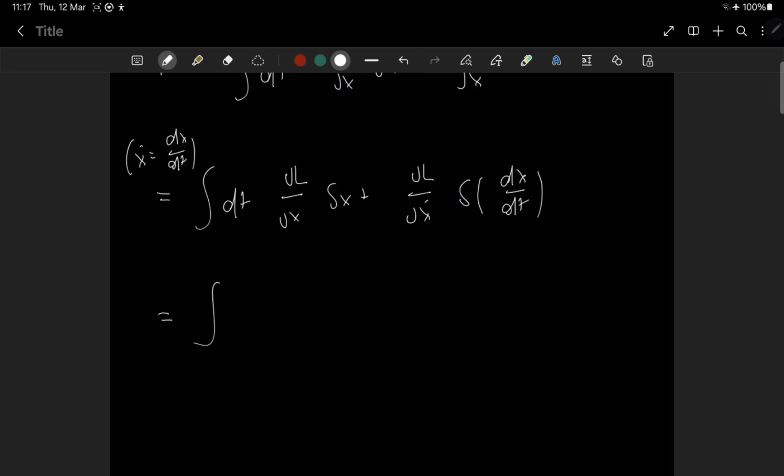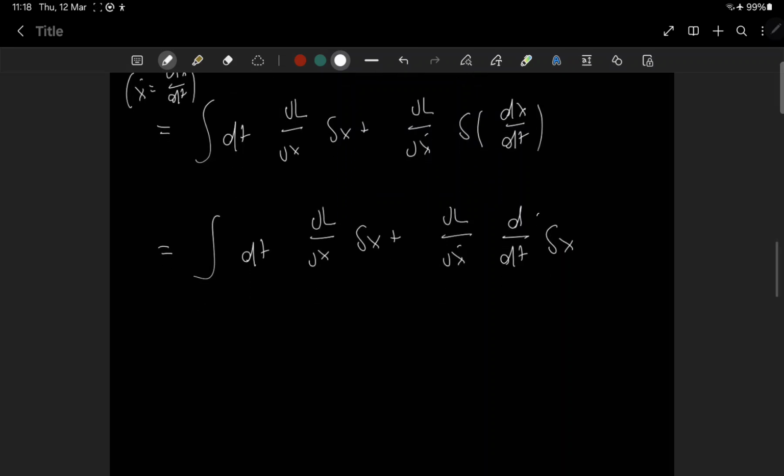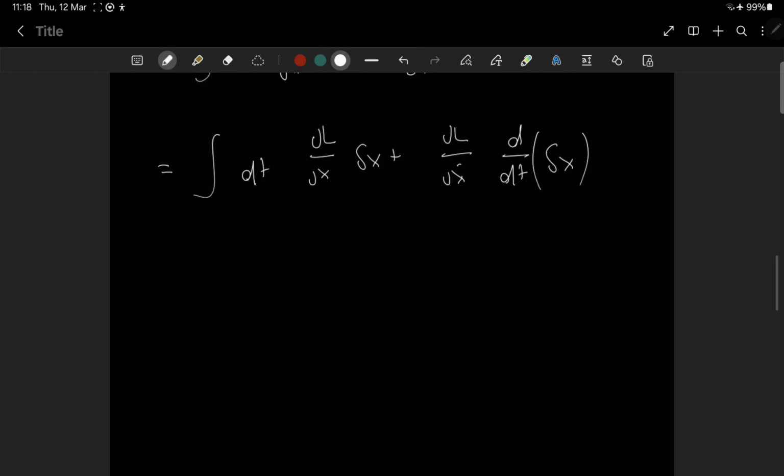We can exchange the operation of taking the variation delta and d by dt. So this is dt partial L by partial x delta x plus, and now I'm going to swap the order of the variation, partial L by partial x dot d by dt delta x.